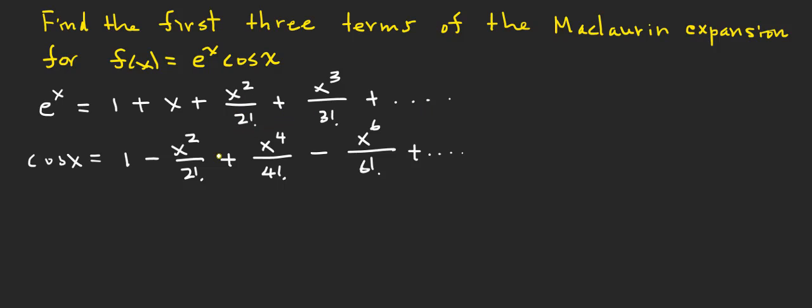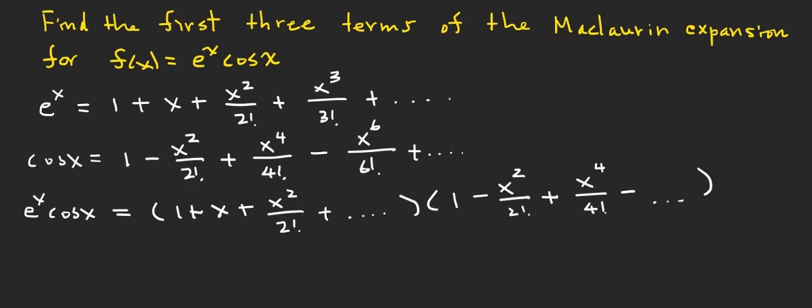And cosine of x for Maclaurin series is 1 minus x squared over 2 factorial plus x to the 4 over 4 factorial and so forth. So when you're multiplying e to the x times cosine x, that's the same thing as multiplying this expression times this expression right here. So we need to multiply this out.